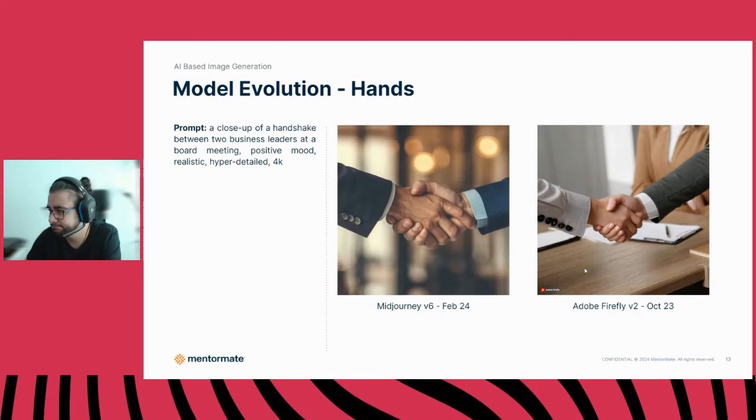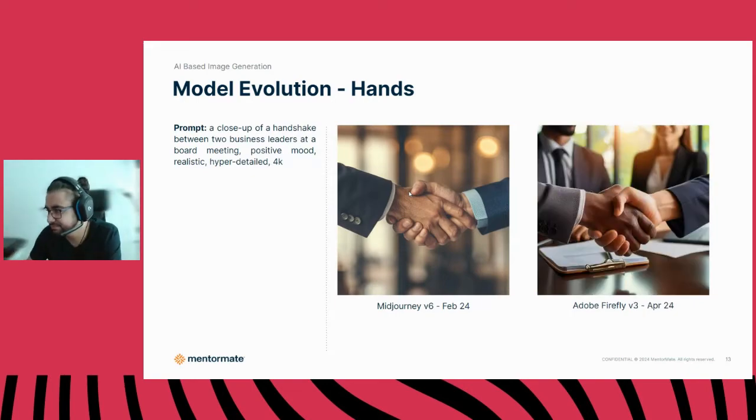Not great. And finally, Midjourney version 6, the latest one, doesn't add extra fingers. Occasionally, you can still see an image with extra fingers, but it's mostly intact with 5 fingers.